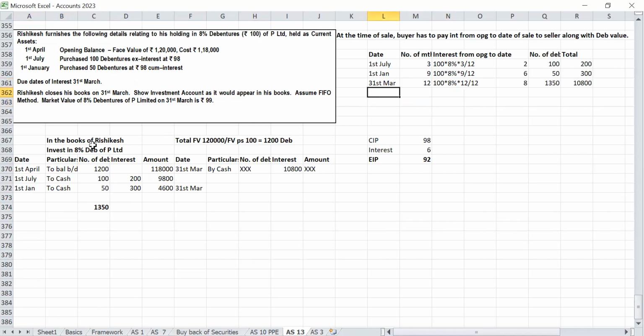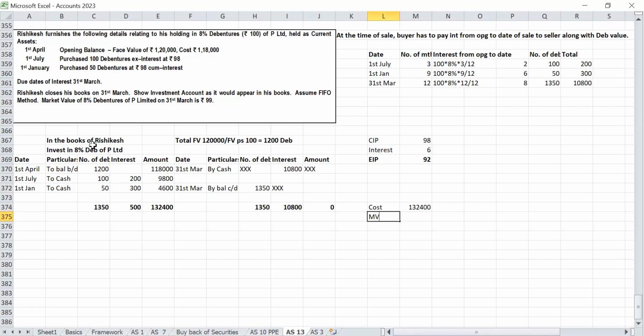Okay, sir. So what is the closing balance? Closing shares 1,350, interest nil. Then valuation principle: cost or market value, whichever is lower. Here cost is 1,32,400 divided by total debentures.